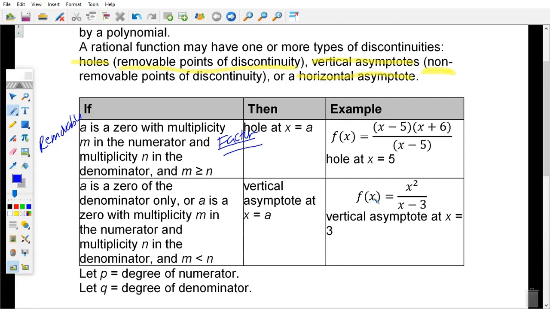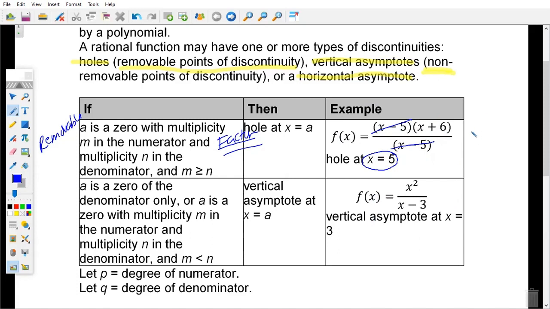These are factors, the binomials. So notice here that each one has x minus 5, right? There's an x minus 5 in the numerator and an x minus 5 in the denominator. So I can remove them. Does that make sense? So I can remove them, which means that there's going to be a hole at x equals 5.